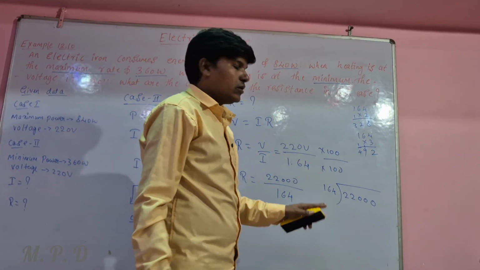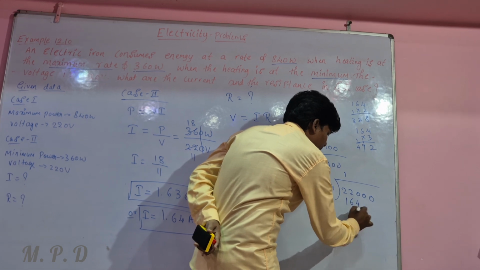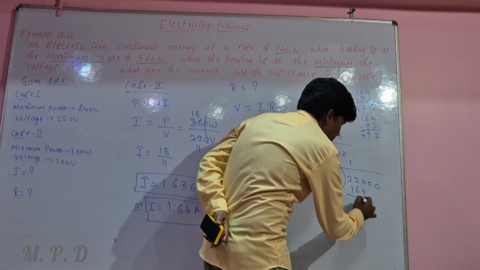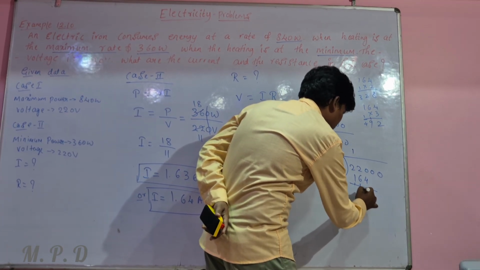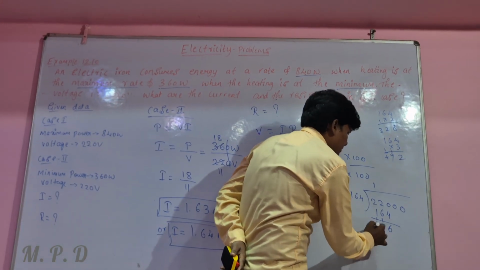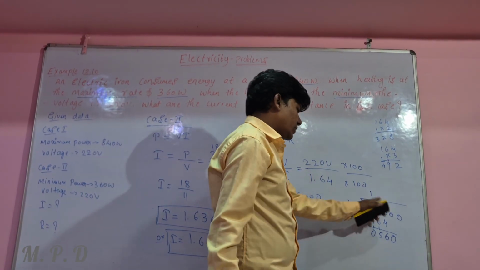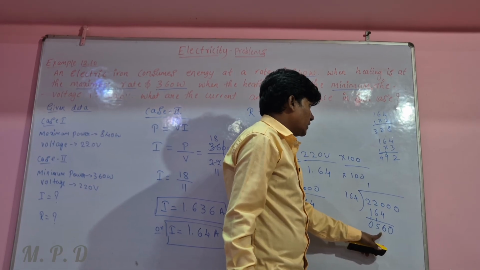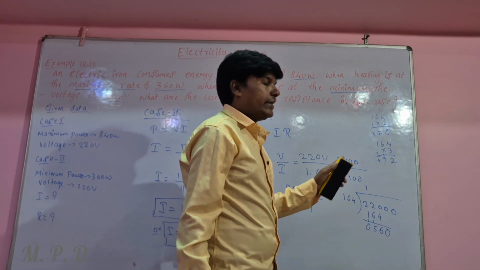So 164 ones are 164, 1, 6, 12, 5 and 0. We have to add 1 0 here. So we have to take it as 1 0 here. It is 560. In the table, 164 into 3 is 492.